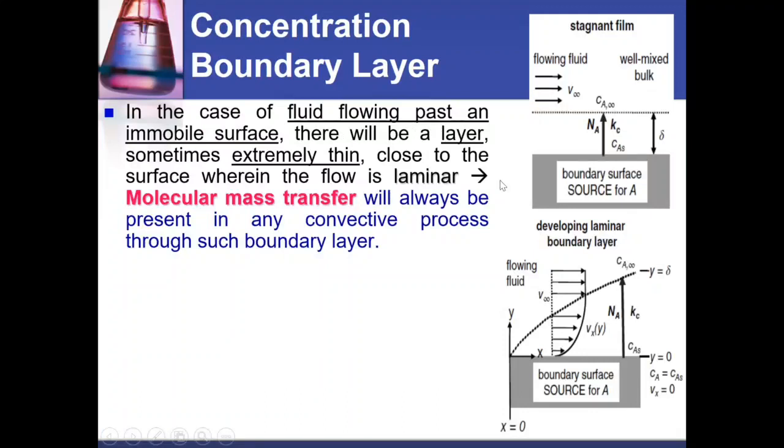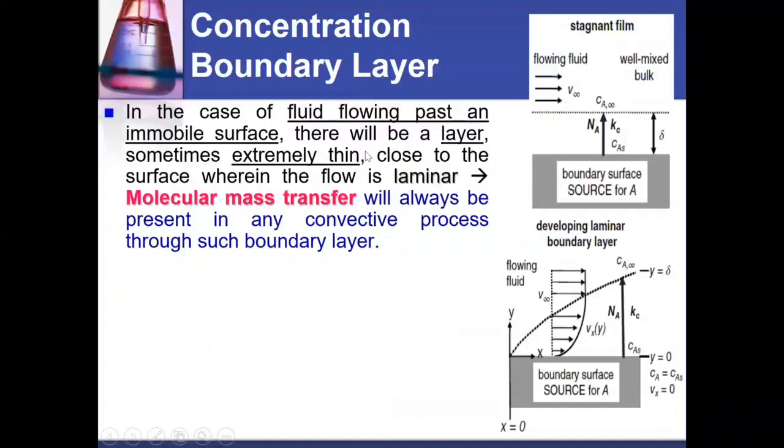So if the solid surface here is immobile, meaning it's stagnant there, you see that we have a boundary layer here. Of course, the thickness of the boundary layer will increase along x. As you increase in x, the thickness will increase.